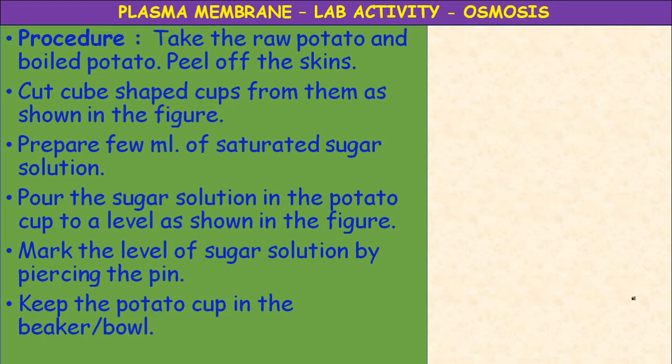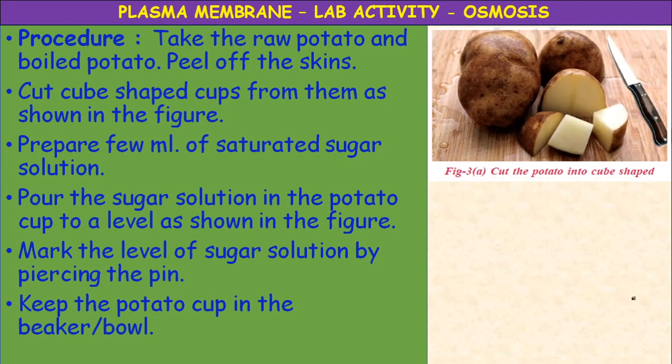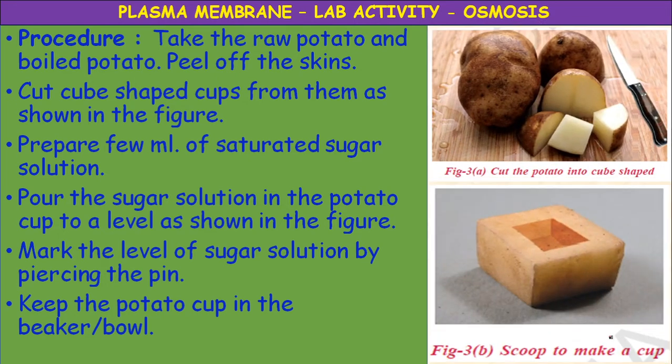Keep the potato cup in a beaker or a bowl. Here we have cut the pieces. You have to take a piece and make a scoop. In this we have taken a few ml of saturated sugar solution, marked the level by piercing a pin, and kept it in a beaker.